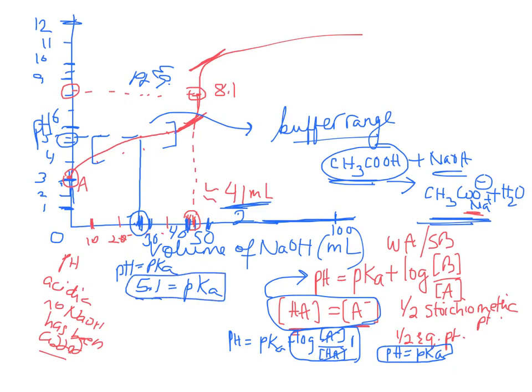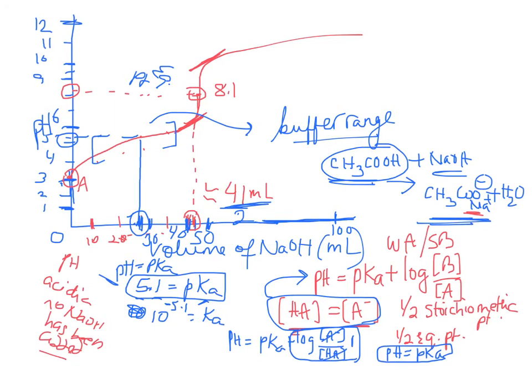If you wanted to determine the Ka, in this case, you would say that will be 10 to the power of minus 5.1, and that will give you the Ka value for this acid, or the system, essentially.